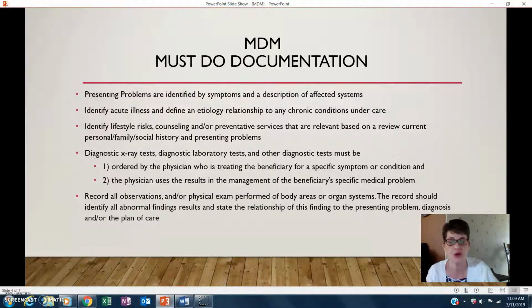And I would want to know how soon you need to follow up to make sure that you're checking your blood sugar and what those readings are. Those are the kinds of details that need to be included in the medical decision making in order to support the highest acuity that you deserve and earned.